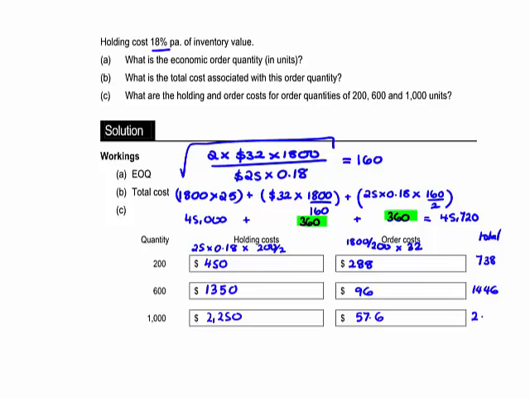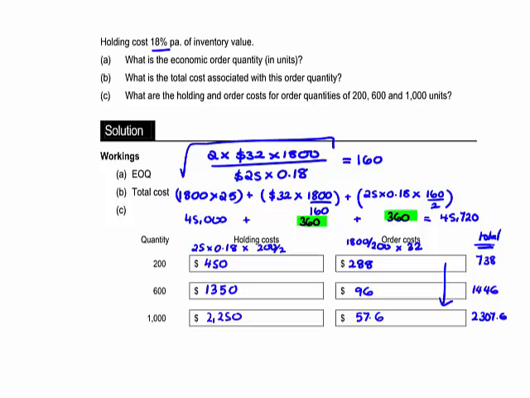So what you notice then is the more units you order at a time, the lower your ordering costs, but what you do notice is that you end up with an increase in your holding costs. And what we can see is that holding cost increased is proportionately more than the reduction in the ordering costs. So my total costs will start to rise as I hold more than the EOQ.